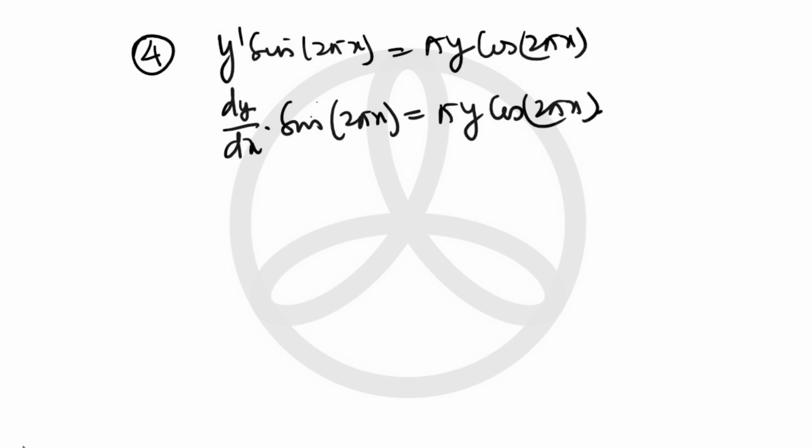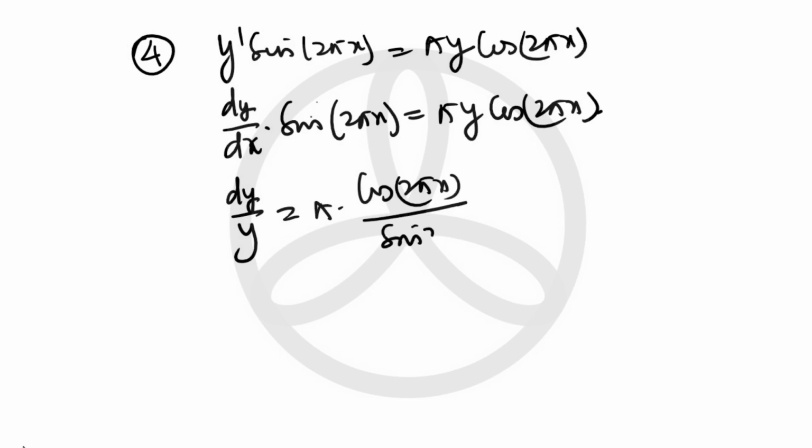Here also I think we will be in a position to separate the variables and put x with x and y with y, and doing so we can take this y this side, so this will become dy by y, and we can take all of x this side, and this will become nothing but pi cos 2 pi x by sine 2 pi x and dx.